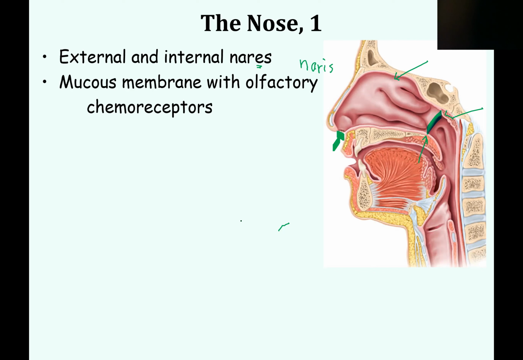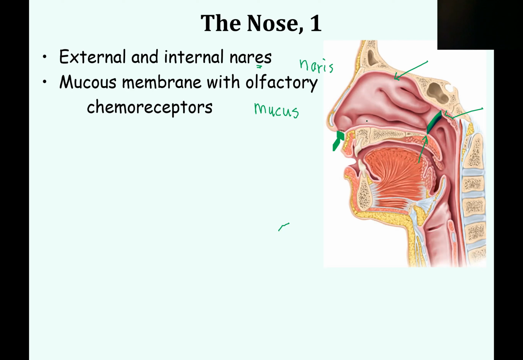The mucous membrane is needed in order to produce a fluid called mucus. Yes, that's how you pronounce or spell the name. Mucous membrane is an adjective. Mucus is needed for several things, and we'll talk about that as we get deeper into the nose.